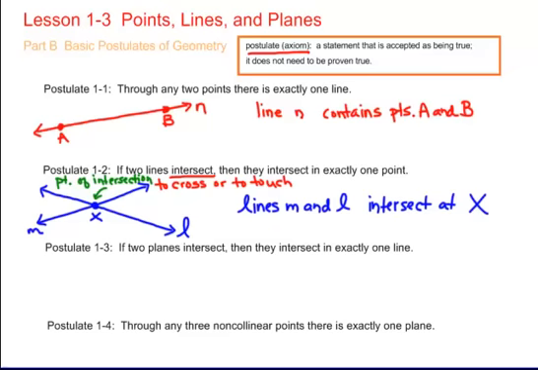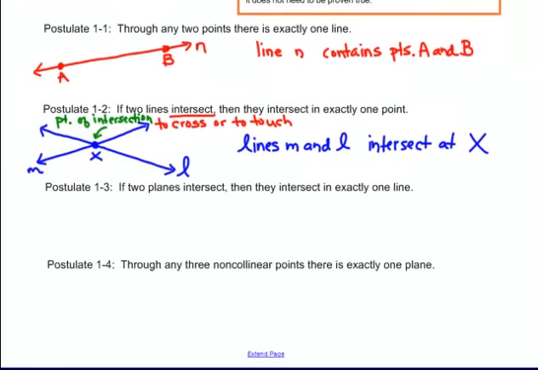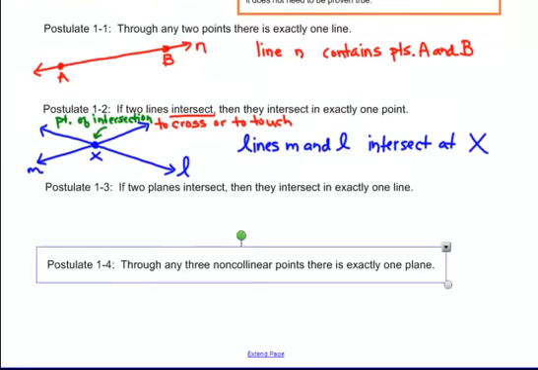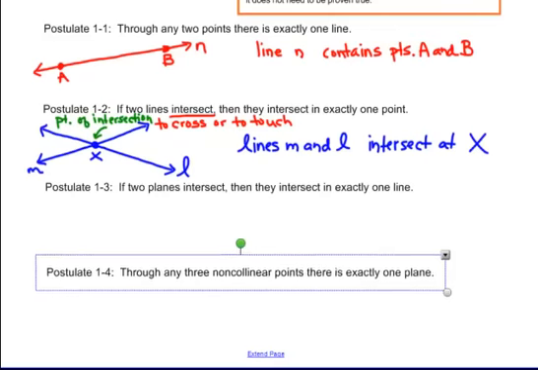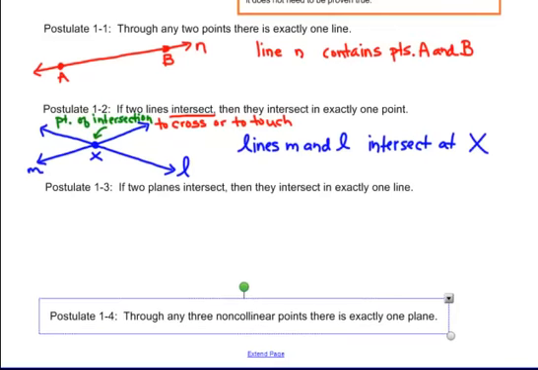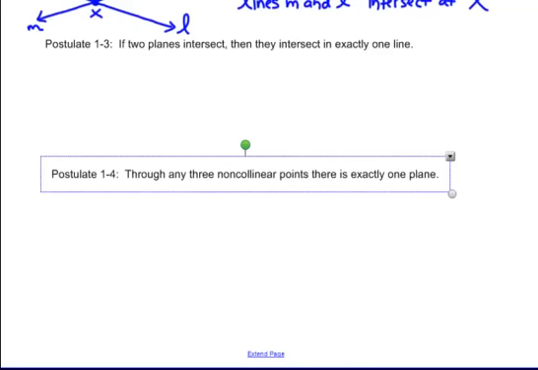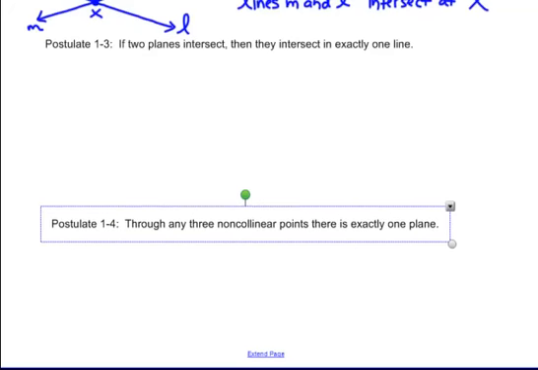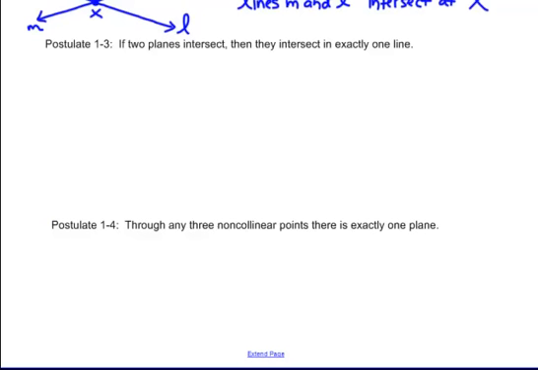Okay, this next postulate is actually a little difficult to try to draw and comprehend. So I'm going to take this statement and move it down a little bit to give us some room to draw this so you can see it clearly. Postulate 1-3 says if 2 planes intersect, then they intersect in exactly 1 line.